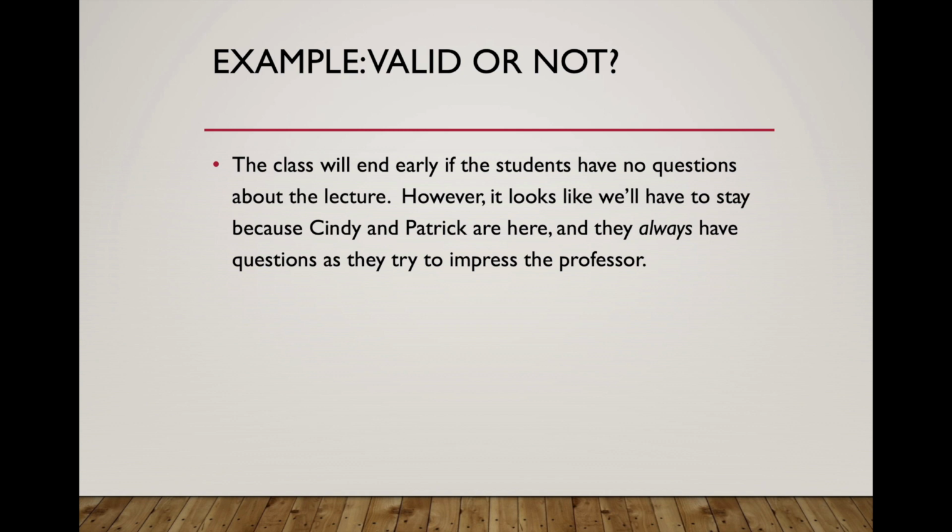The conditional statement tells us what happens if there's no questions. It does not tell us what happens if there are questions. So we cannot conclude with certainty that the class will end early because this is an invalid form of the argument. The conditional argument is invalid because the second premise denies the antecedent.